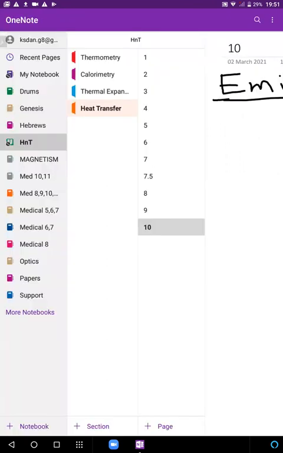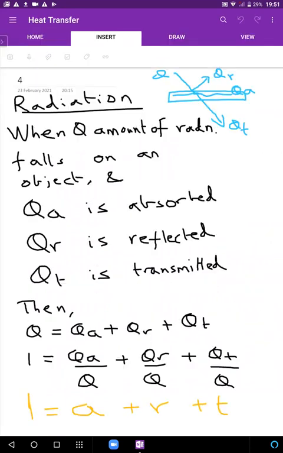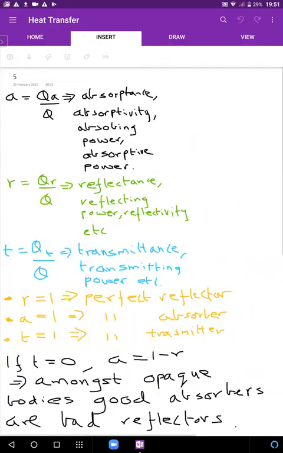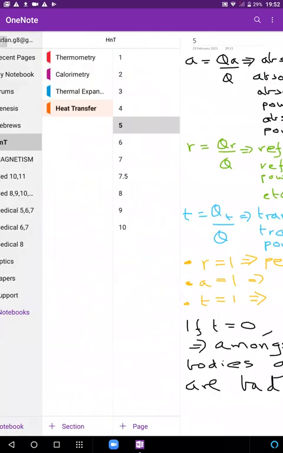If you look at the terms we defined on page 5, A was the symbol used for absorptivity and also for absorptive power. Notice this: absorptivity, absorptive power; reflectivity, reflecting power; transmittivity, transmitting power. You could use any name here, it was basically the same thing. Anything with the word absorb in it refers to the same thing, but that is not true for emission. So just watch out for that.